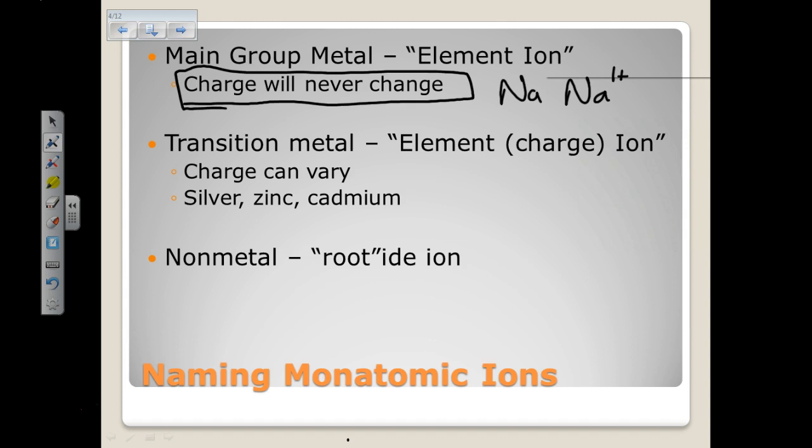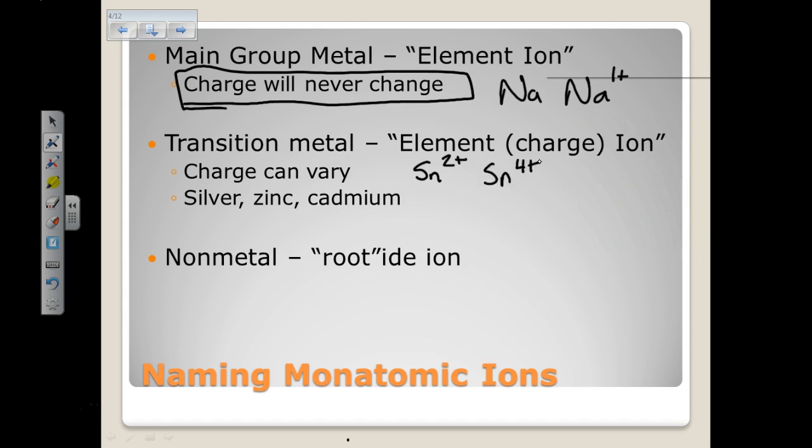Now, with transition metals, when we name them, we always include the charge in parentheses, and that's because transition metals, including those that are over in the P block, can change their charge. So we can actually have tin 2 plus, and we can have tin 4 plus.